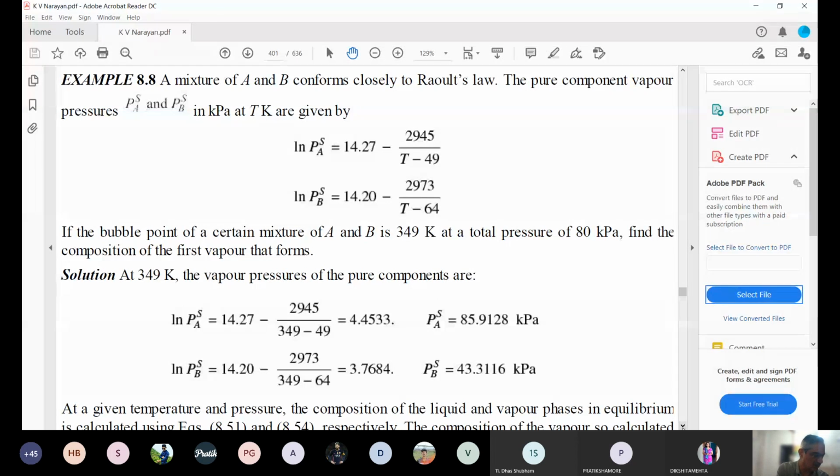Okay, so what do we do? Is the composition given? No, it is not given. Is the pressure given? Yes, the vapor pressure is given. Is the temperature given? Yes. So for that temperature, can you find the vapor pressure of A and B?